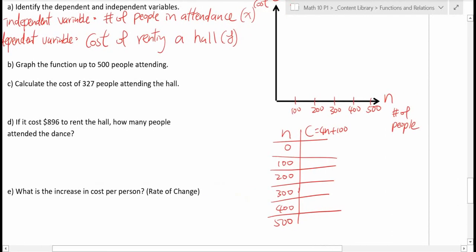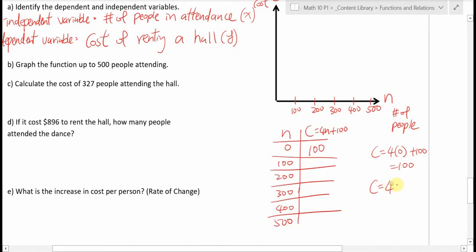To finish the table, I put 0 into n, and this gives me 100. That's my cost for renting the hall if nobody comes. That would be a little sad, but that's the case.